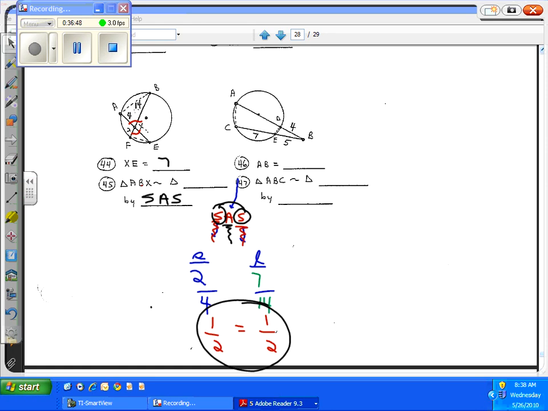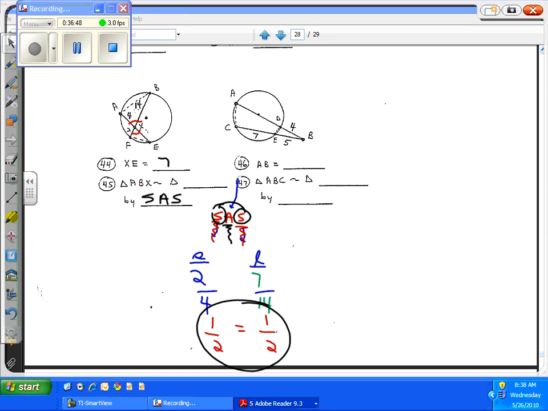To try side-angle-side, we need an angle of one equal to an angle of another, and we have that. That's those vertical angles that were equal. But then we need to prove that the sides that form those angles are proportional, which means small over small has to be equal to large over large. So we're going to put small of this triangle, 2, over small of this one, 4.